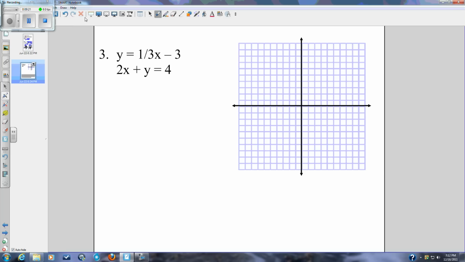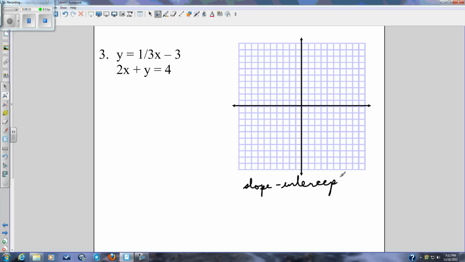Now, your lines might not always be in slope-intercept form, and for those of us who need a little refresher on what that means, remember slope-intercept form is known as y equals mx plus b, where m is the slope and b is the y-intercept. This is what you've been using right along, but that is the name that we give it.